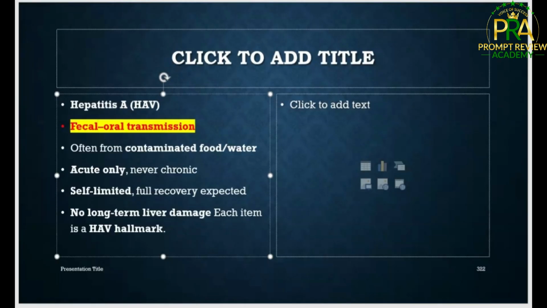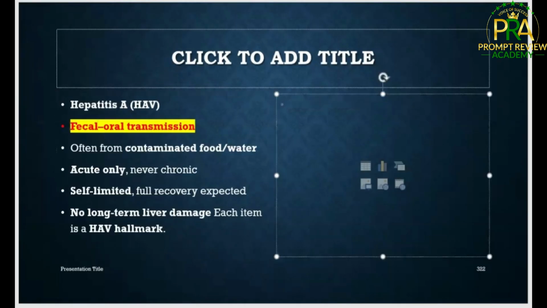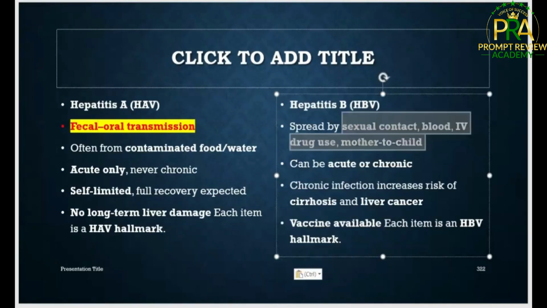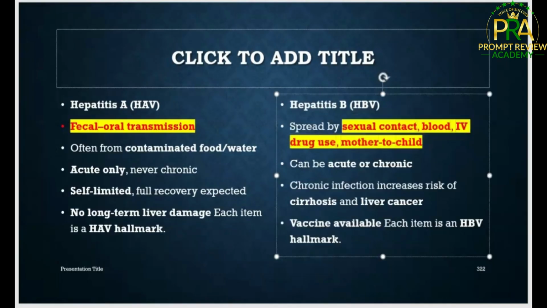Then the next one is B. B is usually, some people remember, mother to child. It can also be through blood, sexual contact, IV drug user. Okay, so it's usually important: for B, know the mode of transmission.